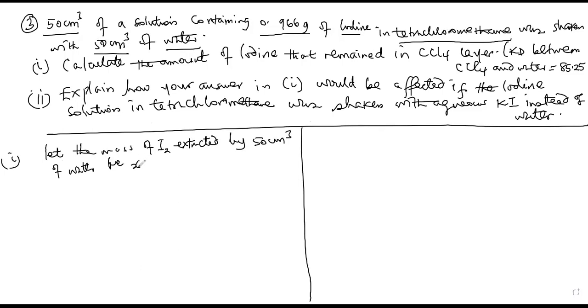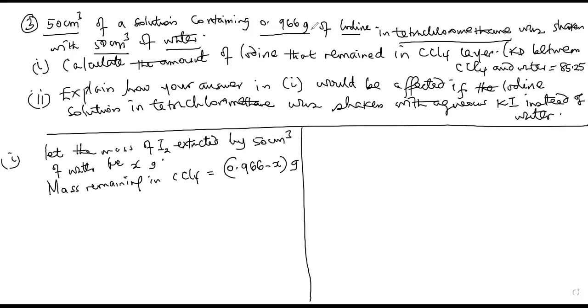to be X grams, all right? Implying that the mass of iodine remaining in tetrachloromethane will be equal to 0.966 minus X grams.